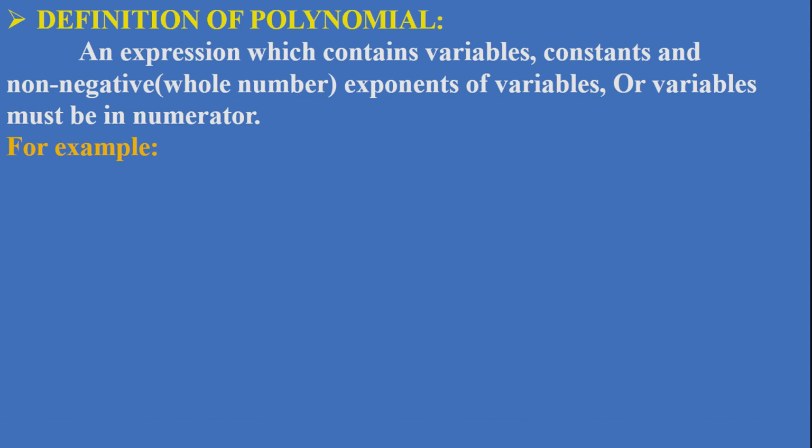So here we can define it as any expression which contains variables, constants and non-negative, it means whole number, exponents of variables, and variables must be in numerator. It means that we don't have to take the variable in denominator.